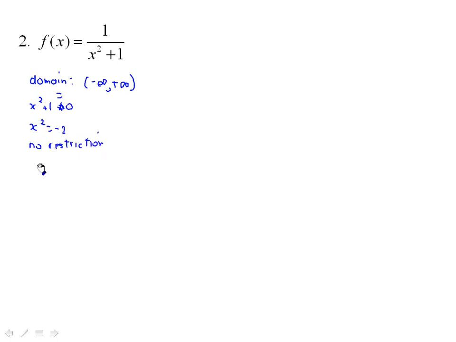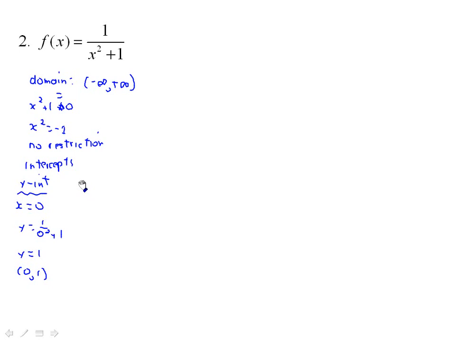Now the intercepts are interesting. So your y-intercept, if you set x equal to 0, you get y is equal to 1 over 0 squared plus 1. So y is equal to 1. So 0, 1 for your y-intercept.